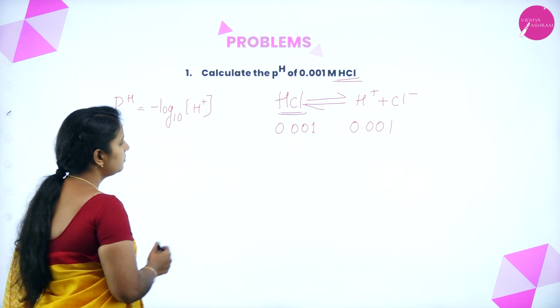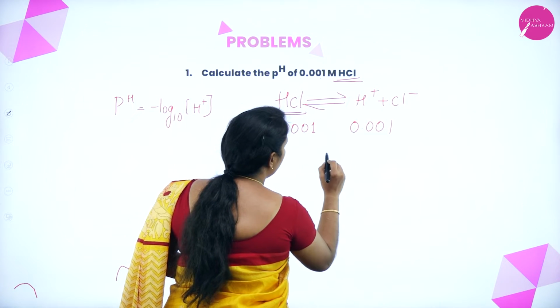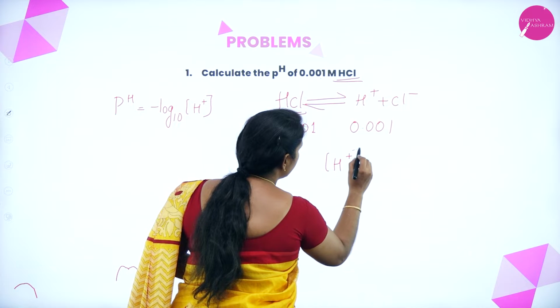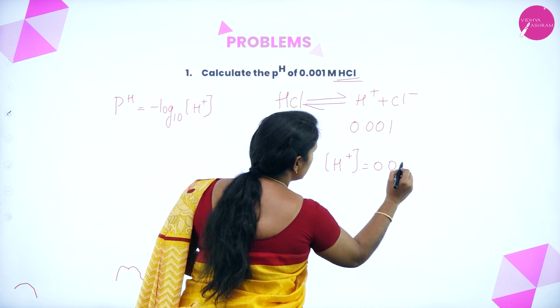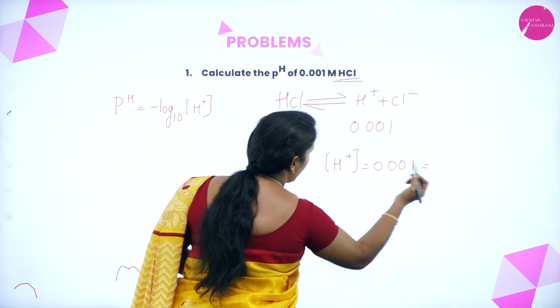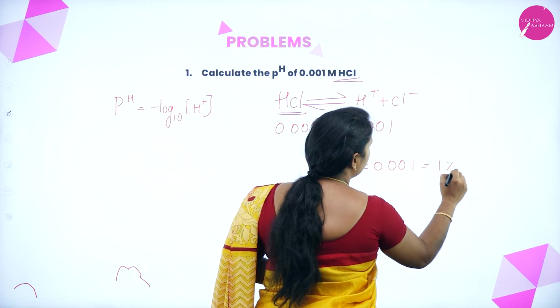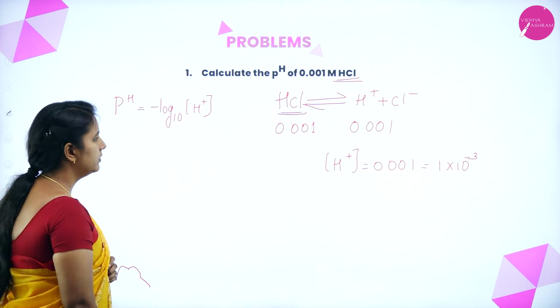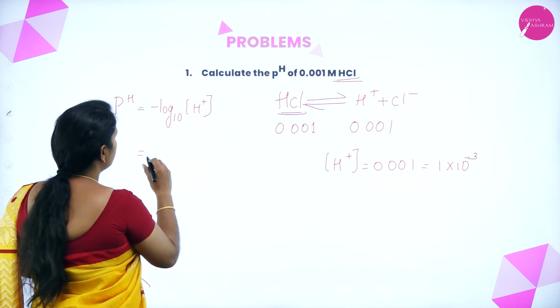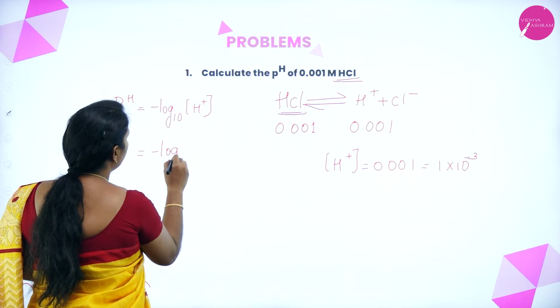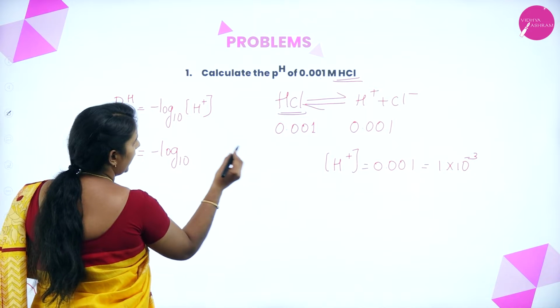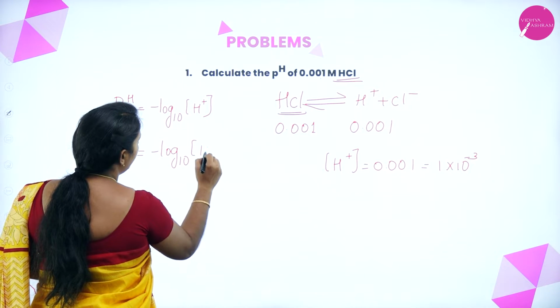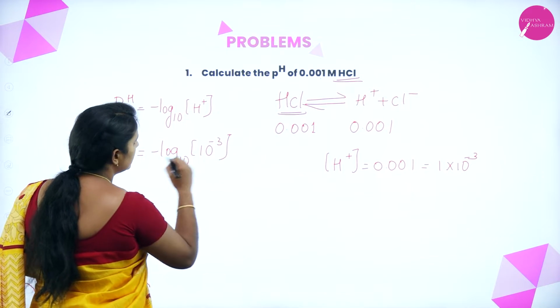Now I can rewrite this as 1 into 10 to the power of minus 3. Now I'll apply the values here: minus log base 10 into the ion concentration, which is 10 to the power of minus 3.